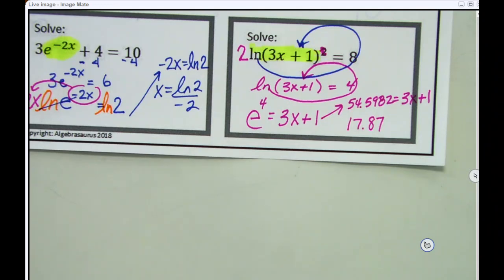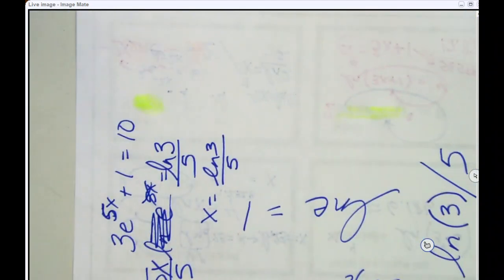Would you like another ln problem before you're on your own? All right, we'll do it. Let's see. All this beautiful scratch paper back here. That's too easy. Too easy. Let's find a harder one. Just what you want to hear, huh?